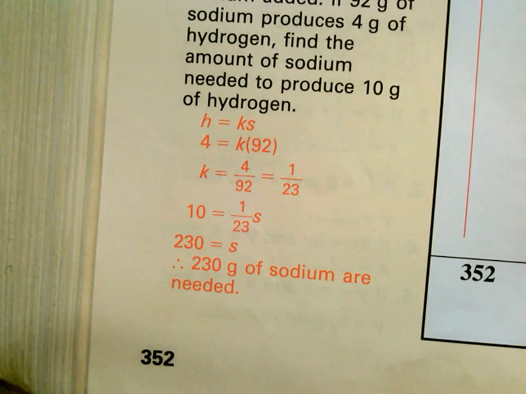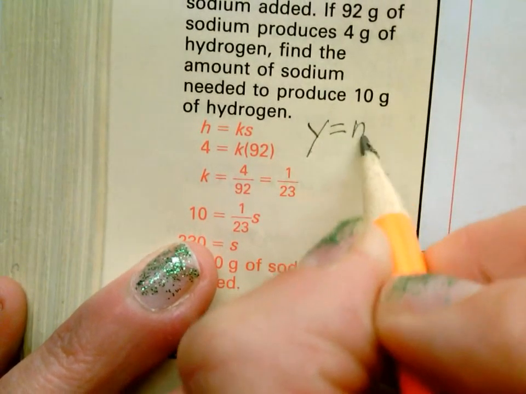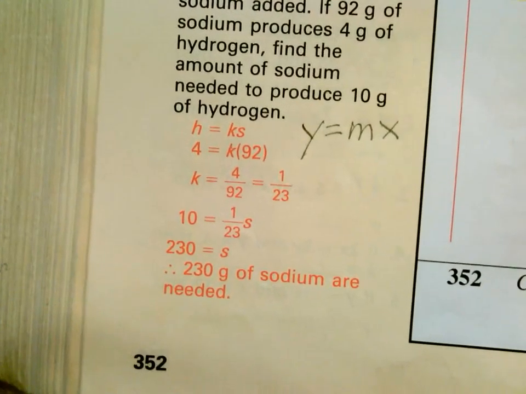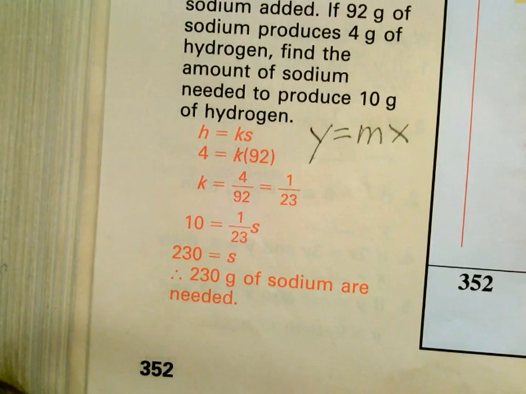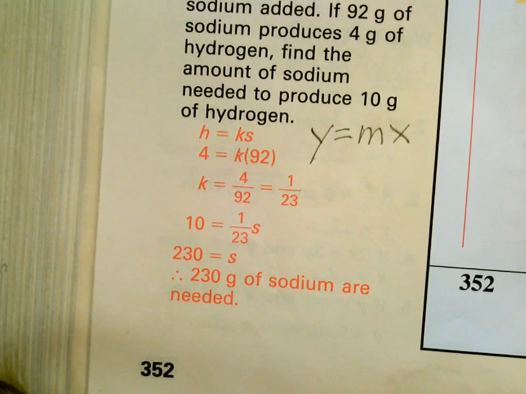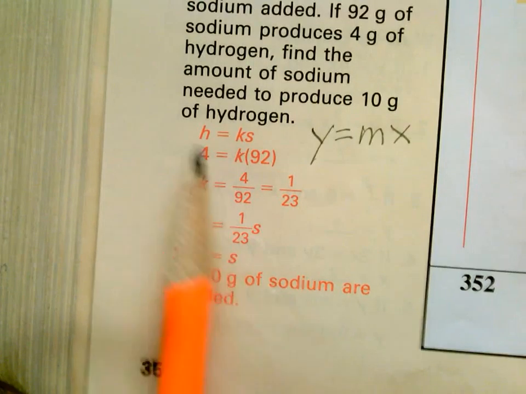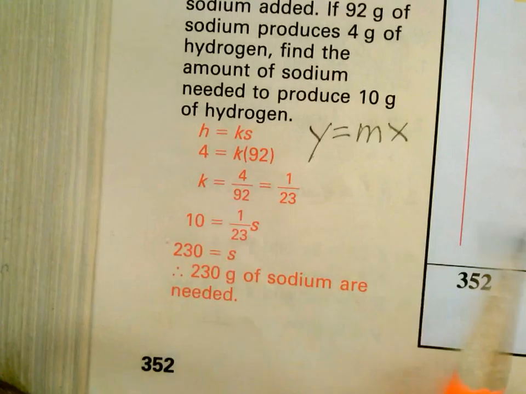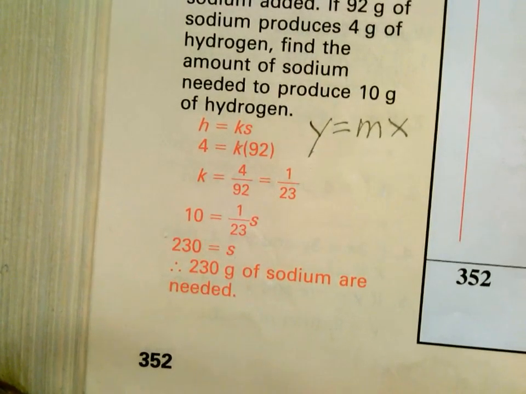The amount of hydrogen is related to sodium by the K. They solved for the constant, and then they used it to find out how much would create 10 grams of hydrogen. Hydrogen is equal to a constant times sodium. They solved for the constant, and they plugged it in to solve for sodium.